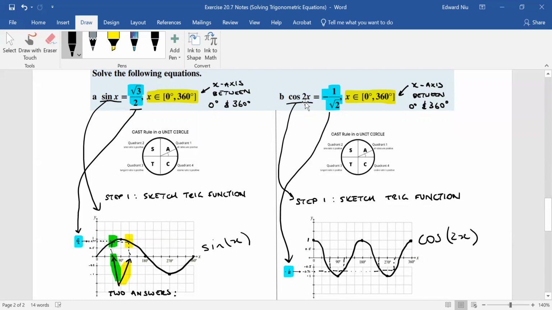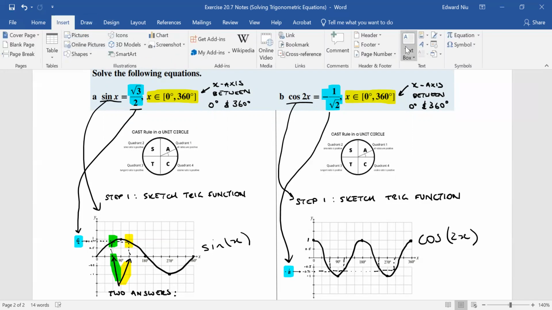Usually, if we didn't have this 2 in front of the x, -1 would be at 180, and then this +1 would be at 360. But because it's been all squished this way, everything's been pushed this way because of the 2, we have a change in the period. So the period now is 180 degrees, because after these 180 degrees, once we get to here, it starts repeating itself.